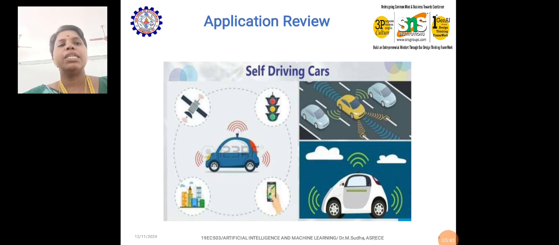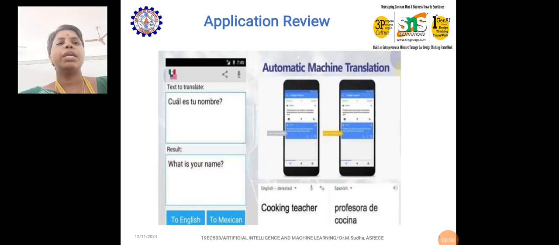According to the speed limit, where a speed breaker is, and where the pedestrian crossing is, all of it will be observed and programmed well. It will do its own process as per the obstacles and constraints. So this is the self-autonomous driving car. This is how we have so many applications.